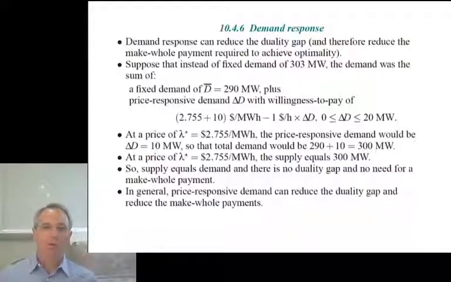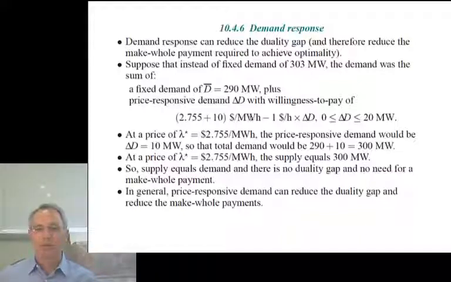To see this, let's suppose that instead of a fixed demand of 303 megawatts, the demand was the sum of mostly fixed demand, 290 megawatts, plus a price-responsive demand, let me call it delta D, and let's suppose it had a willingness to pay of 2.755 plus 10, in other words, $12.755 per megawatt hour minus $1 per hour times delta D. In other words, the bigger delta D is, the lower the willingness to pay. This is a sloping demand curve, and delta D is in the range from 0 to 20 megawatts.